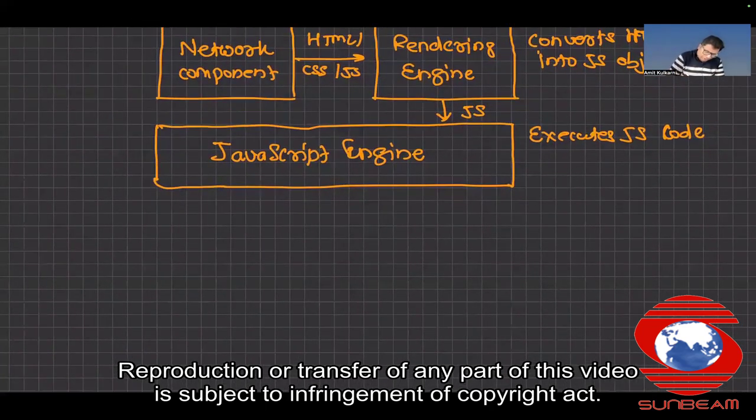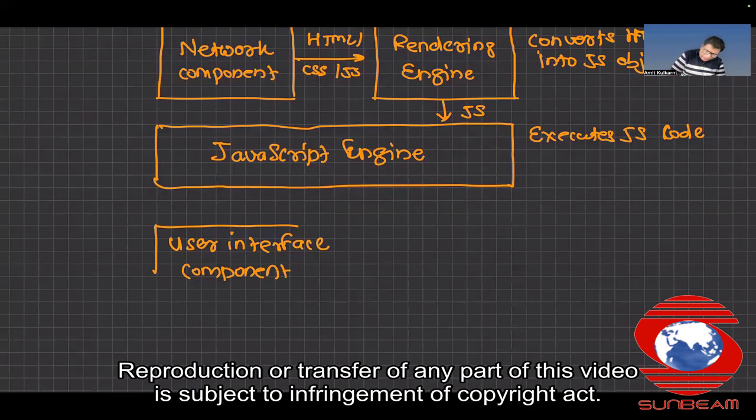Whatever output is generated will be rendered for the user on a user interface component. The name itself is telling you this is the one which is going to create or render the UI for the user. Again, this will be rendered by the JavaScript engine.